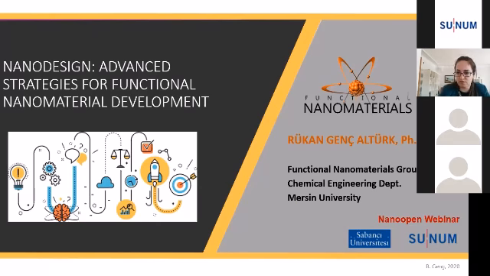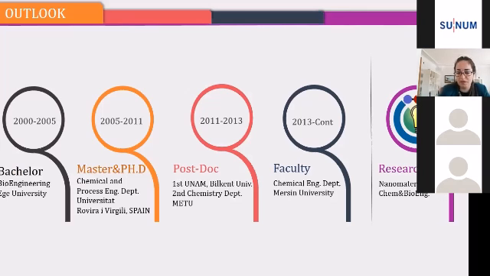So let me first introduce myself from the beginning to now, because I'm seeing that most of you are students and there are some very important colleagues that are now listening to me. So I made my bachelor degree in bioengineering in Ege University from 2000 to 2005. Then I moved to Spain for my master's studies.